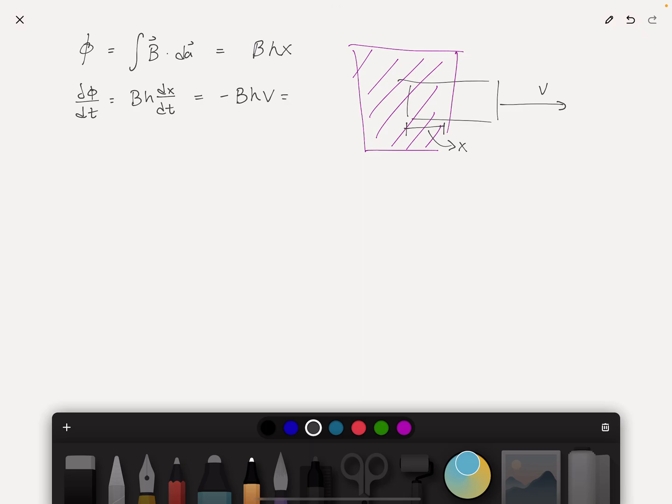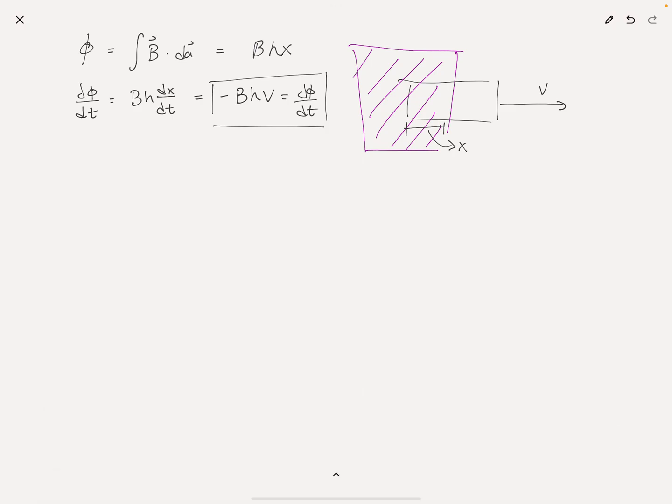So this is equal to the derivative of my flux with respect to time. But that is the negative thing that I just had earlier, right? So there is this relationship between a change in flux and the EMF, where the EMF is the negative time rate of change of the flux.